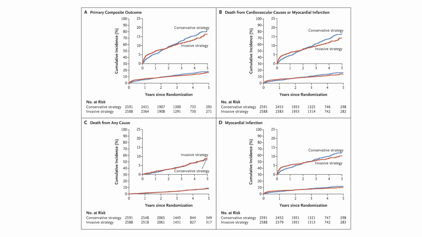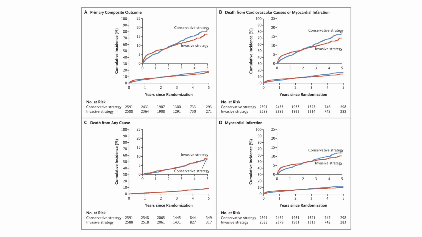So here are the Kaplan-Meier curves for that study, and you can see that they're kind of interesting. If you look at primary composite outcome, the blue line is the conservative strategy, red line is the invasive strategy, and you actually see at the beginning that there's a higher rate of the primary composite outcome in the invasive strategy, and then eventually the curves actually cross, and then you see a lower rate of the primary composite outcome in the invasive strategy.